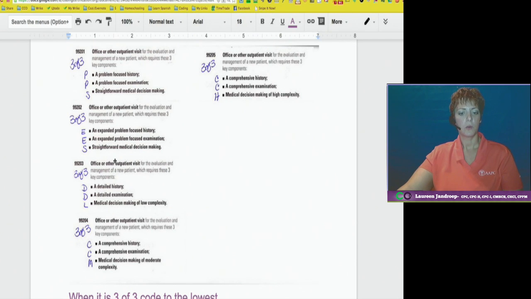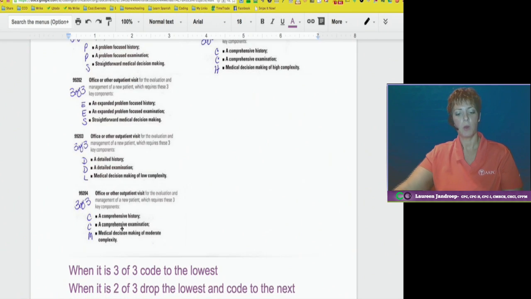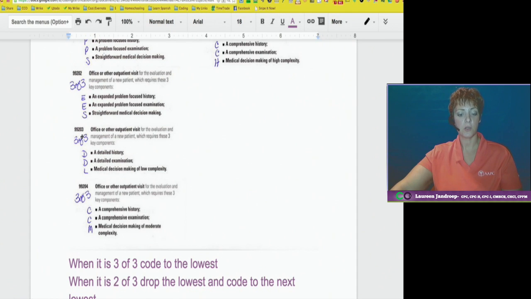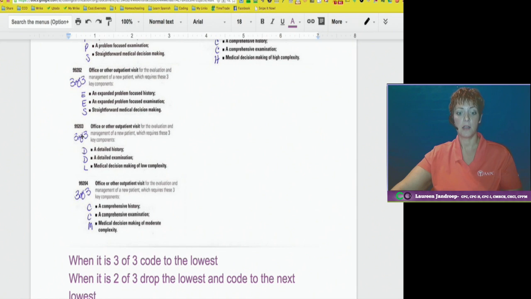So what you're going to do for this system, DCH, so detailed history, comprehensive exam, and high medical decision making. So when you look at that, what I do is I say, okay, the D shows up at a level 3. I'm not assigning a level 3 yet. I'm just saying so far it's a level 3. The C makes it a level 4, and the H makes it a level 5.